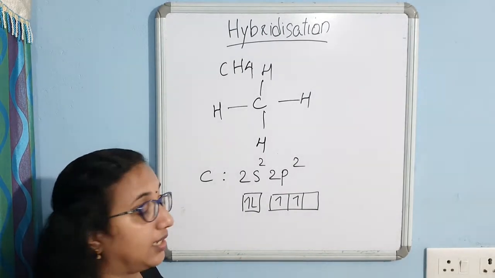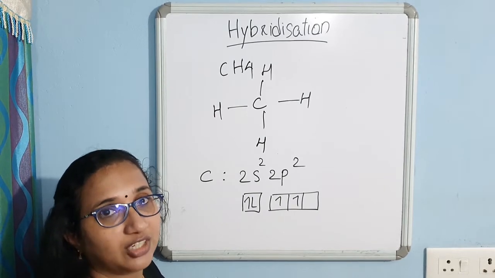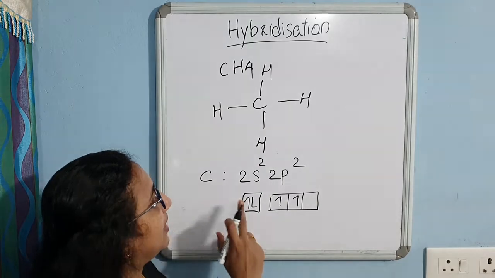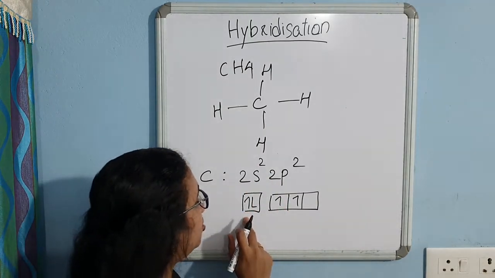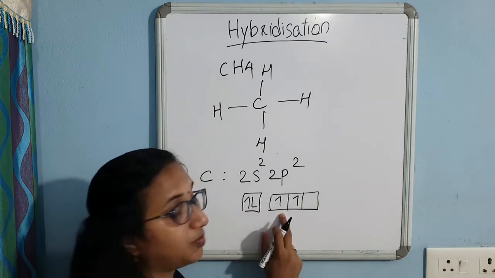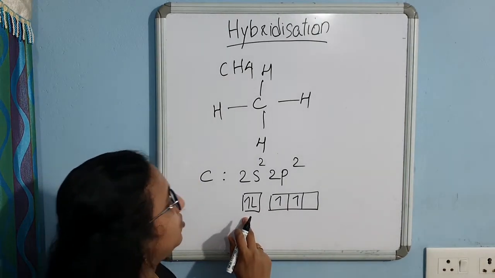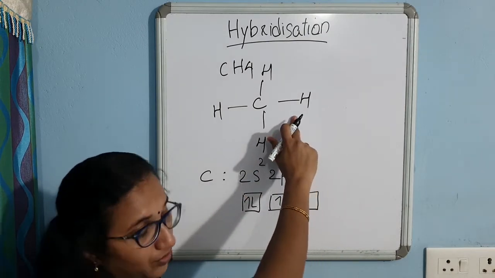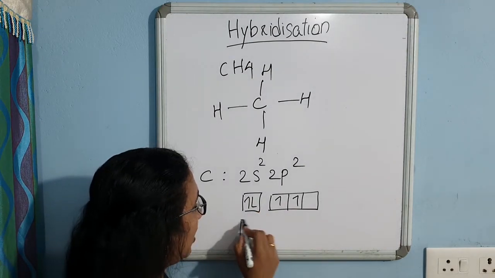We know a covalent bond is formed by the combination of half-filled atomic orbitals of the combining atoms. So here carbon has 4 electrons, the 2s electrons are paired, and in 2p we have 2 electrons. So in order to bond with 4 hydrogen atoms, first of all it should make available 4 half-filled orbitals.